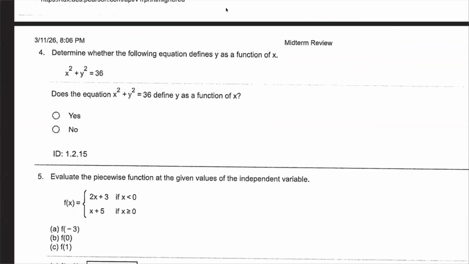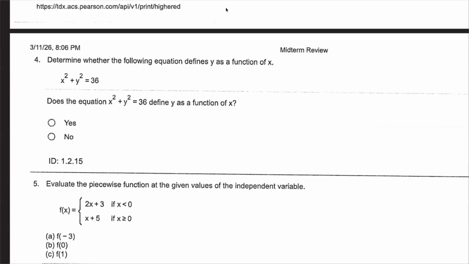The next one, number 4, again, if you recognize that x squared plus y squared equals 36 represents the equation for a circle, and you know that a circle is not a function, then you can simply state, no, this is not a function.